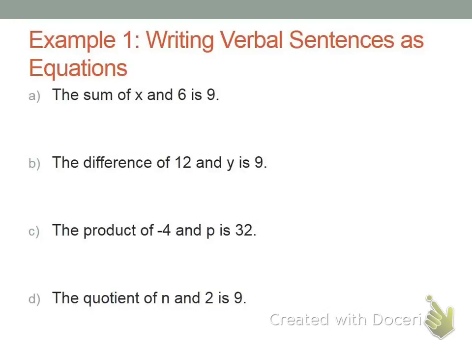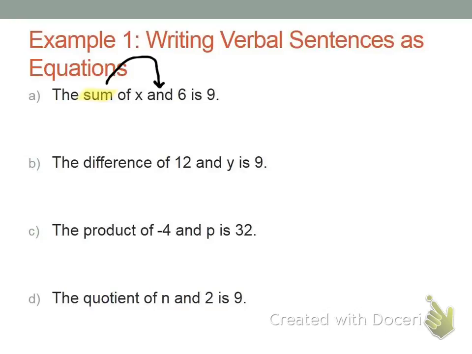So in example 1a, does anybody see a key word that would tell me what operation it is? Fallon. Sum. Sum means what? It means addition. So I know that it's addition, but does my plus sign come first? No, it doesn't. My plus sign is inserted where I see the word and. Okay?